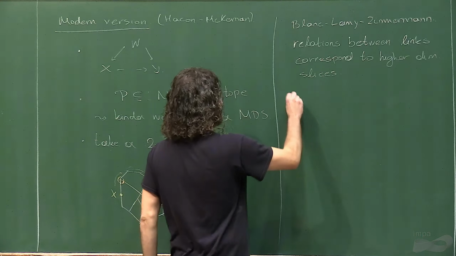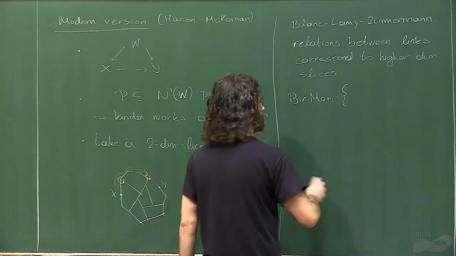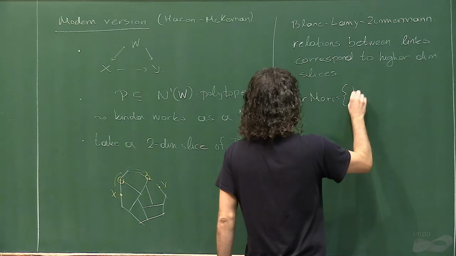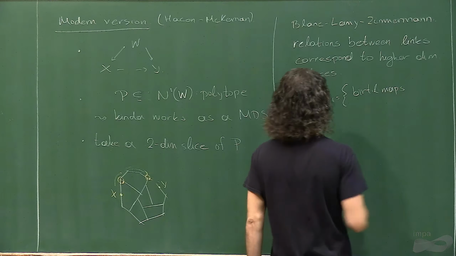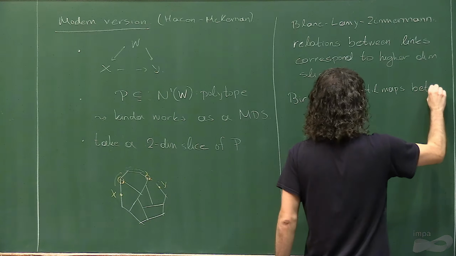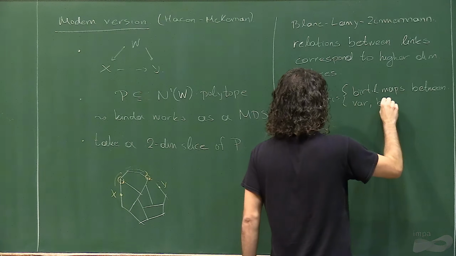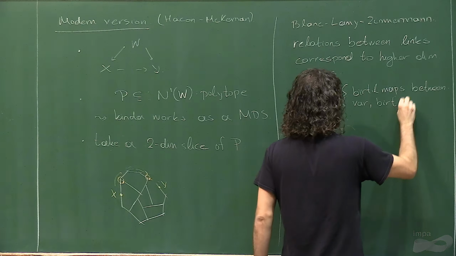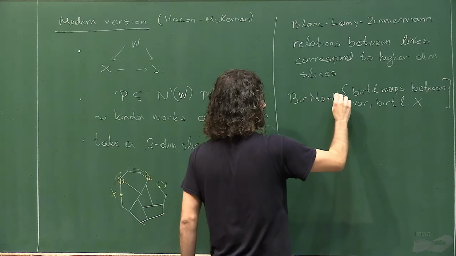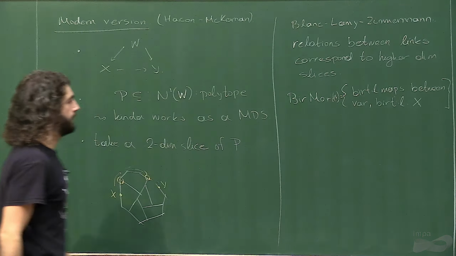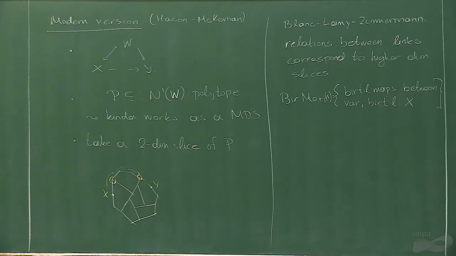One can define the groupoid Bir-Mori(X), which is birational maps between varieties birational to X. And what the Sarkisov program says is that this groupoid is generated by Sarkisov links.